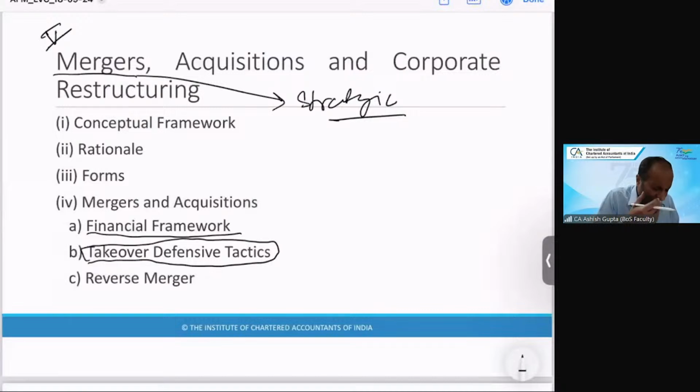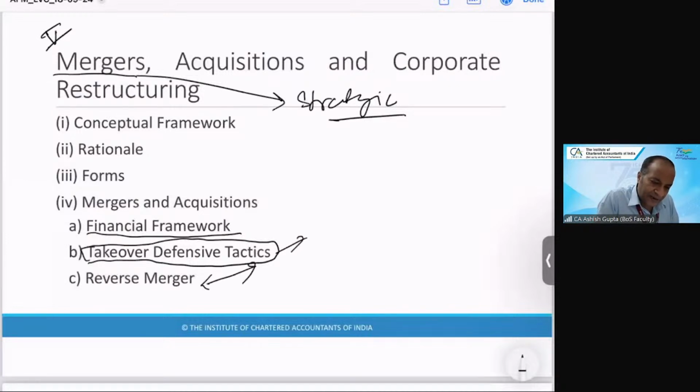The first such case noted in Indian history was somewhere around the 1980s. There was a person called Swraj Paul who tried to take over Escorts Limited by a hostile takeover. What defenses can be used is covered theoretically there. Then there is the concept of reverse merger.